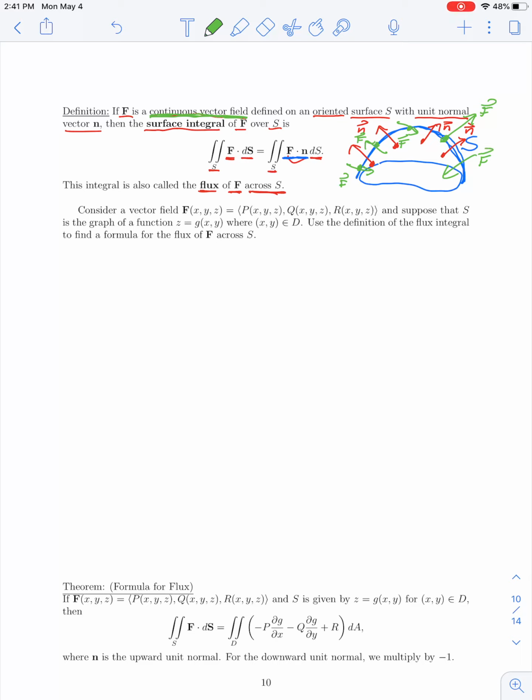So what my surface integral is representing is the sum of these green arrows acting in the direction of the unit normal vector n over this surface.